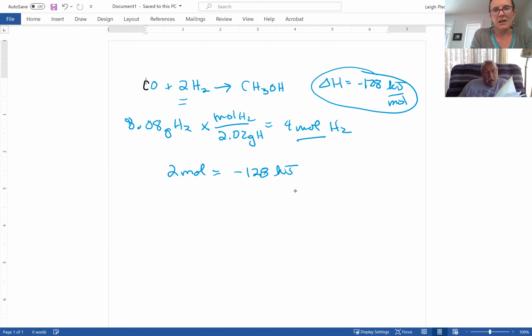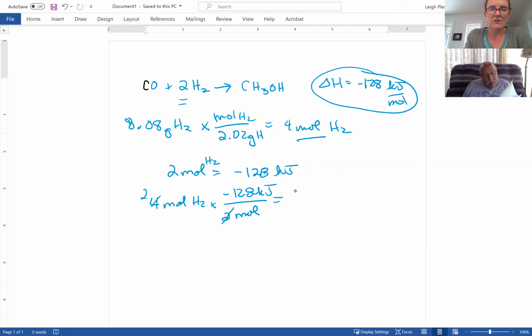And that's 2 moles of H2. So if I have 4 moles of H2 and 2 moles gives me negative 128 kilojoules, then you multiply the heat of the reaction by 2 to get negative 256.